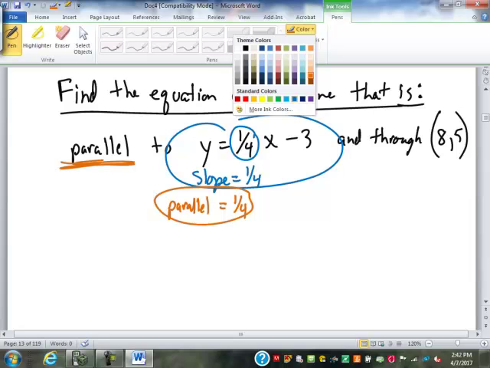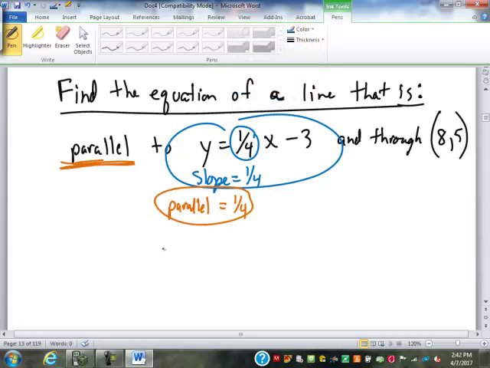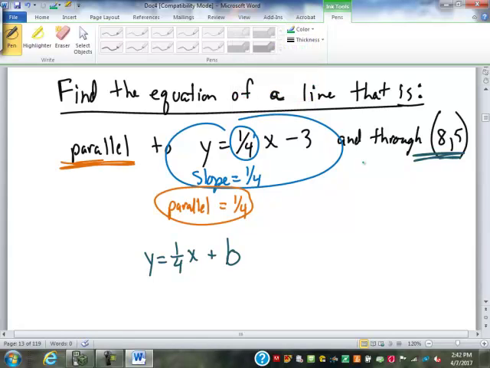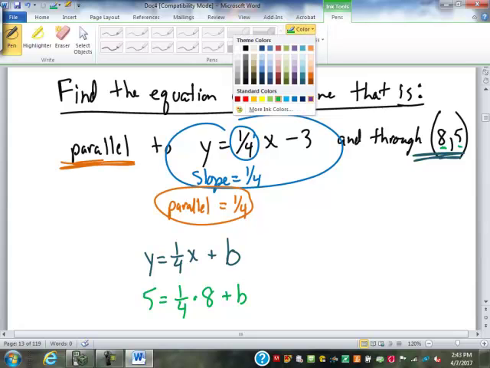So that means we're going to start off this equation as y equals 1/4 x. And then we got to figure out what that y-intercept is, what b is. And that's where we use this point that it goes through. So y is going to be the 5 equals 1/4 times x will be the 8 plus b. What's our next step?